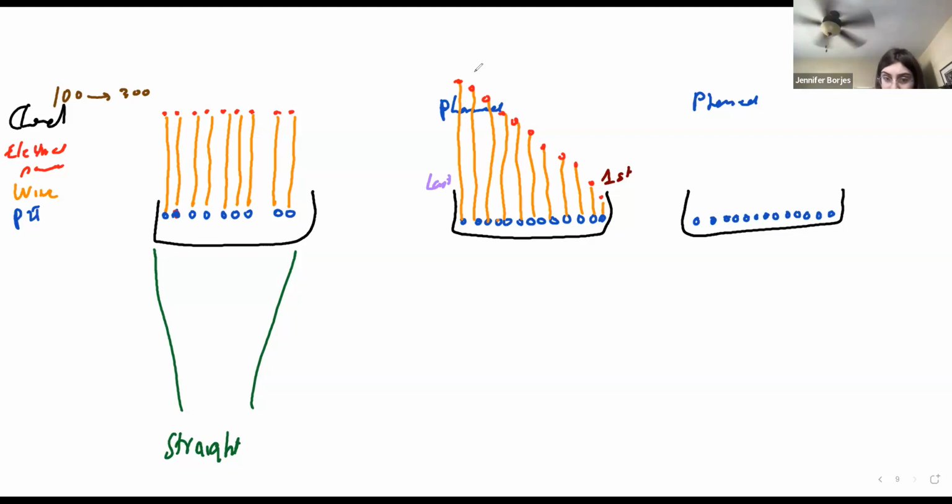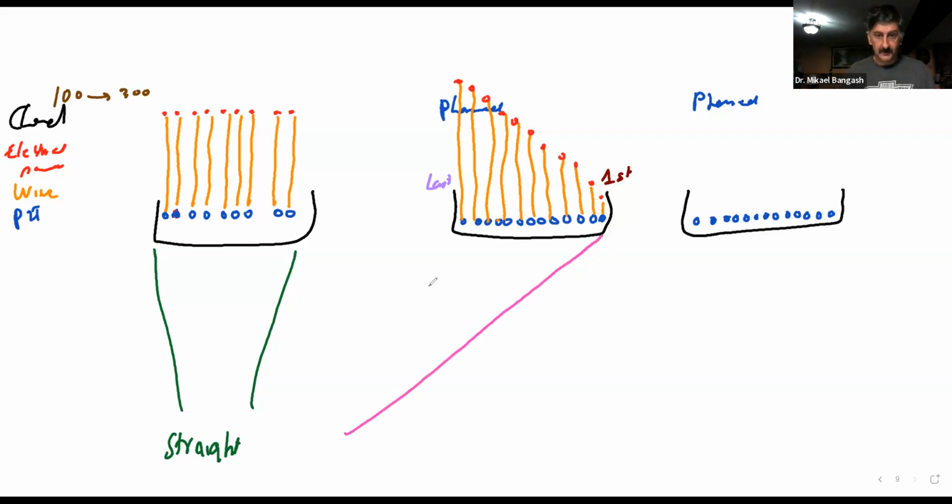Yes. And what's going to be the result of that? If that's the firing pattern, your beam is going to be steered this way. But how is that controlled?